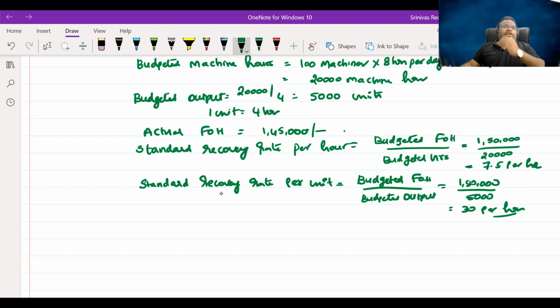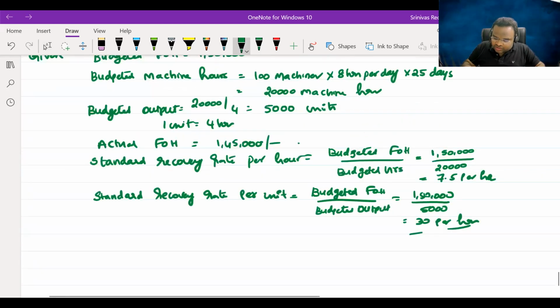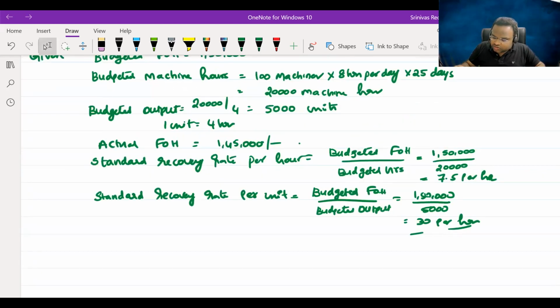Can I calculate in a second way, sir? Yes. What is the absorption rate for machine hour? 7.5. Every unit requires how many hours? 4 hours. 4 into 7.5, 30. So it's only a calculation gimmick, right? Here we calculate based on output. Either you can take 7.5 into 4 times, or if you know first, 30 rupees per unit.